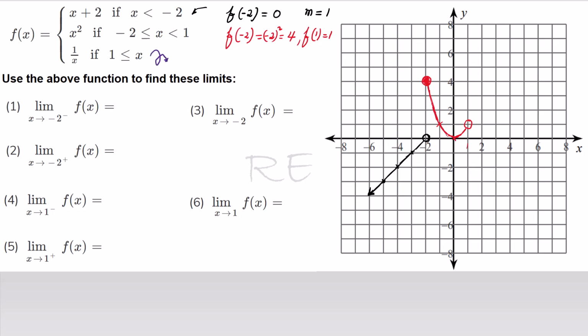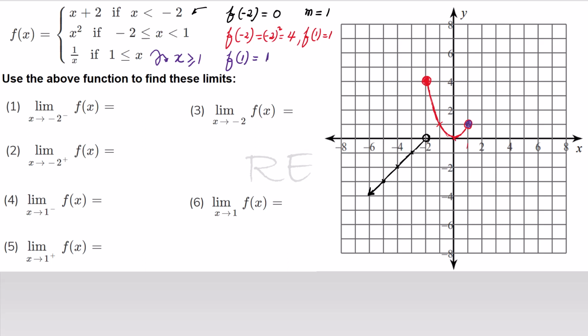Now, 1 less than or equal to x. If x is greater than or equal to 1, we have to consider f of x equal to 1 over x.